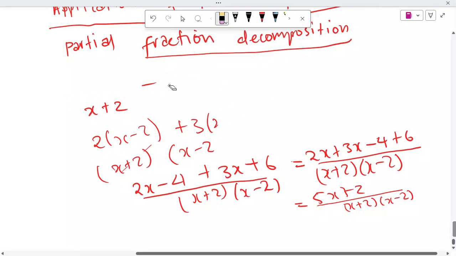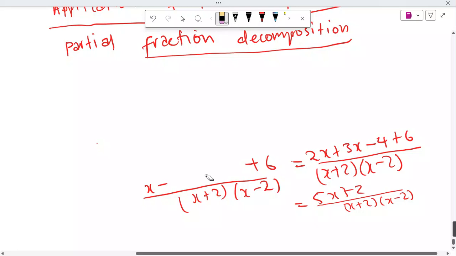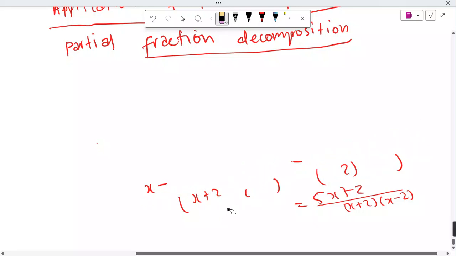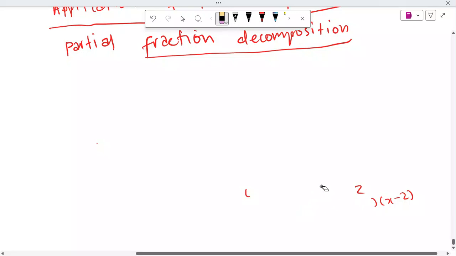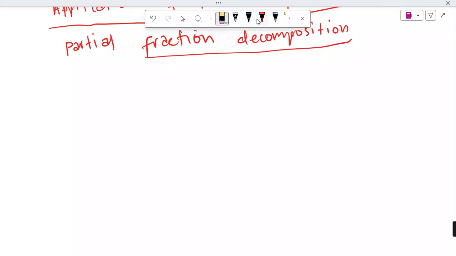So I'll just draw some rules, some common forms which you guys have to be familiar with before we go into deep calculations.